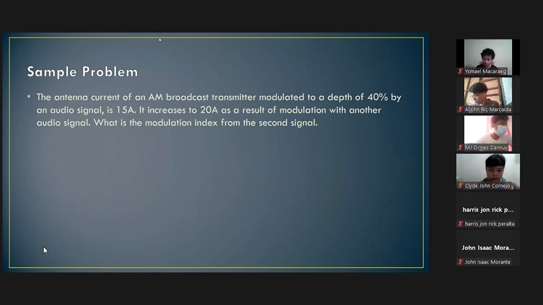Since unchanged naman lagi yung carrier, i-compute muna natin yun. And then saka natin gagamitin yung IC, wherein meron na tayo ng IT which is yung 20. Diba? It's supposed to be 1.296.